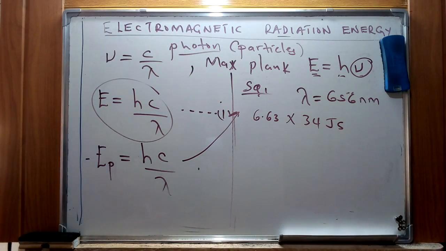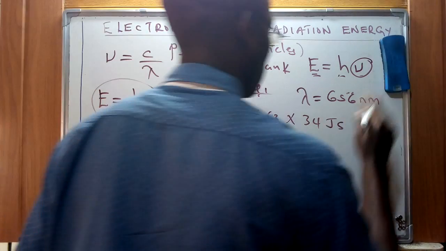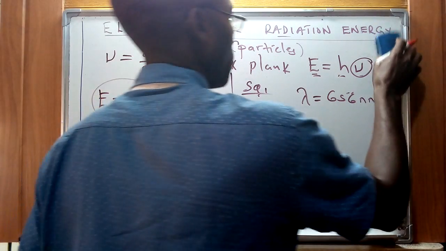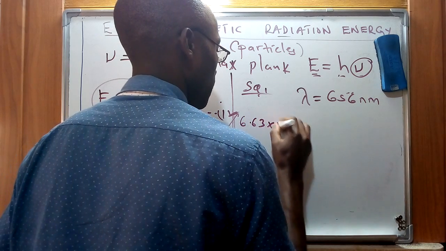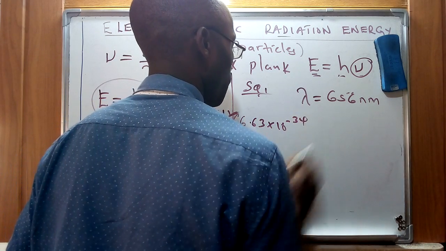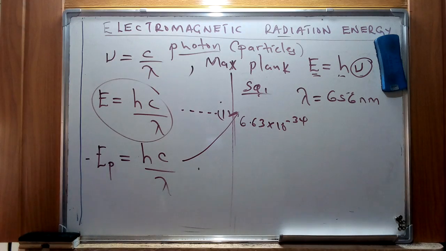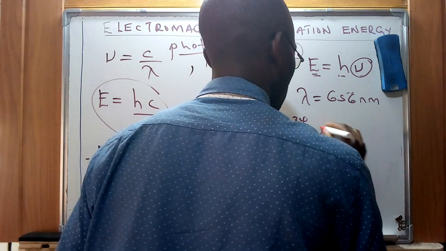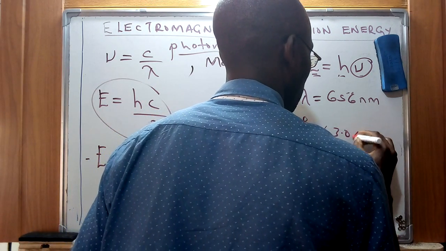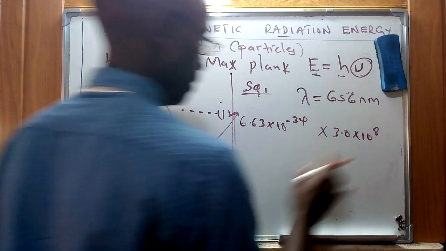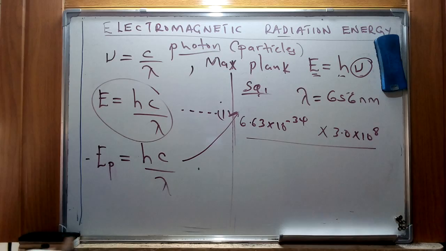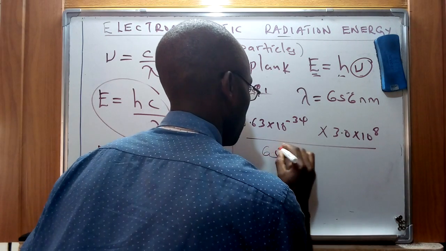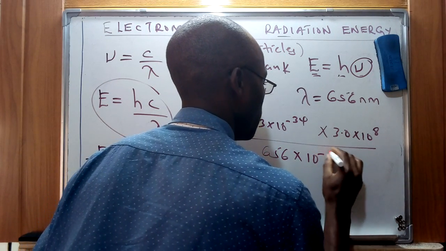The next that we have been given is the speed of light, 3.0 times 10 to the 8, in meters per second. And then we are going to have this over 656 times 10 to the negative 9 meters.